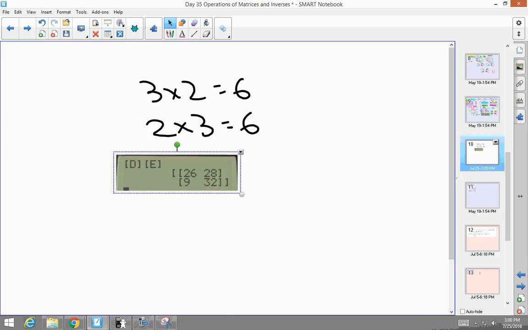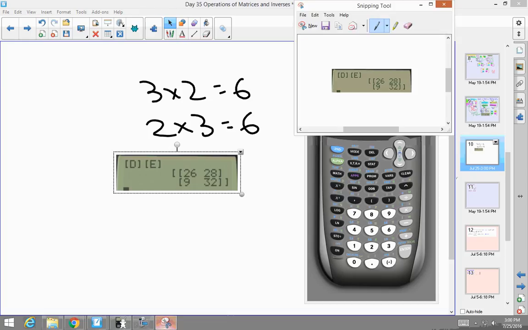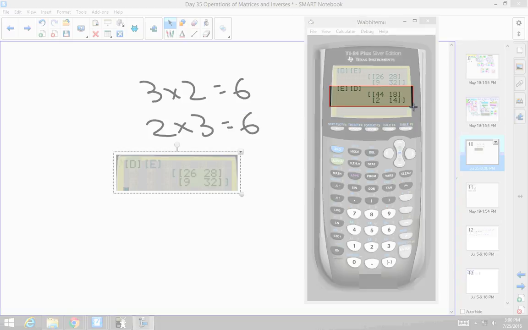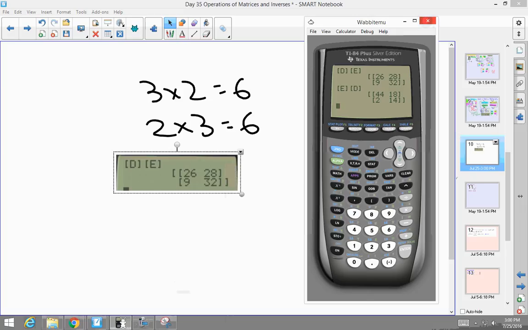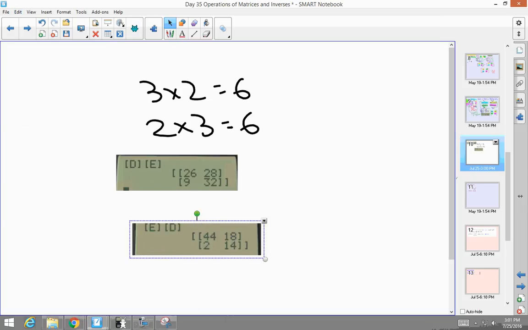So I'm curious, if I would have done this backwards, if I would have done the matrix E, then the matrix D, if it gives me the same. And it doesn't. This is groundbreaking for you guys, because this is the first time where, when you multiply, order does matter.